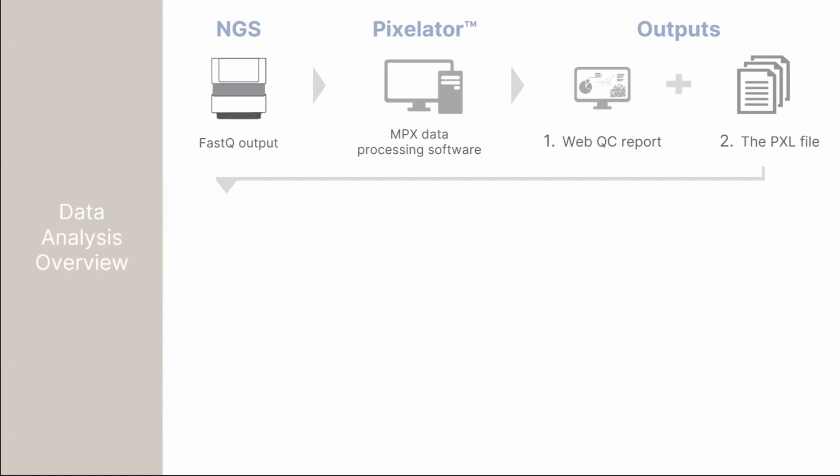And then the second is the pixel file. And the pixel file is really where the magic happens. That is what you use in the secondary analysis to tailor the analysis to the scientific question you had in mind when you designed the experiment. So to really answer the purpose of why you run it.